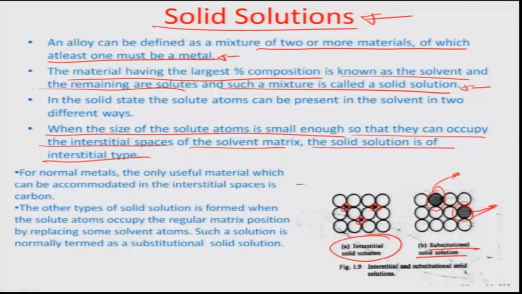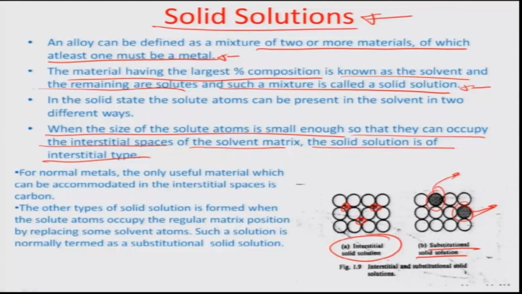In this case there are smaller atoms, carbon for example is much smaller. So, they have a tendency of getting into the interstices or the voids between the metal atoms in the crystal structure, and in case the atom is too big, it has to substitute the parent metal in order to get into the crystal structure. So, you can categorize them as interstitial and substitutional.